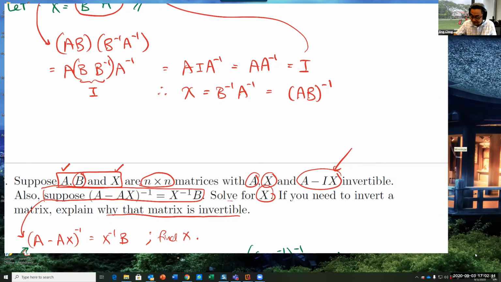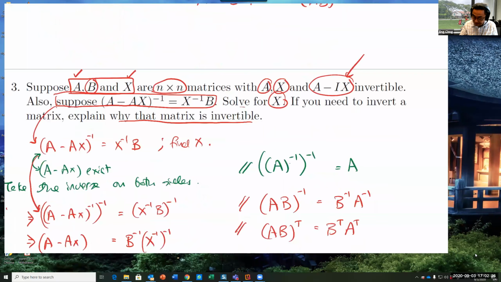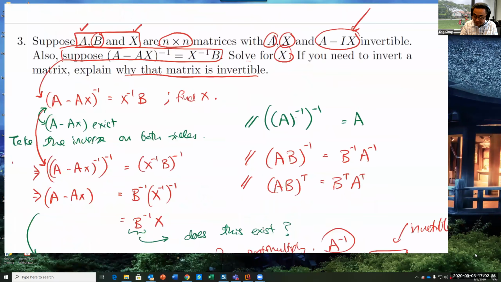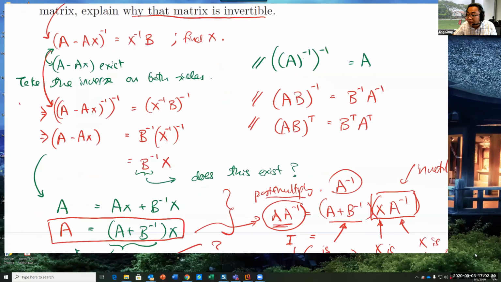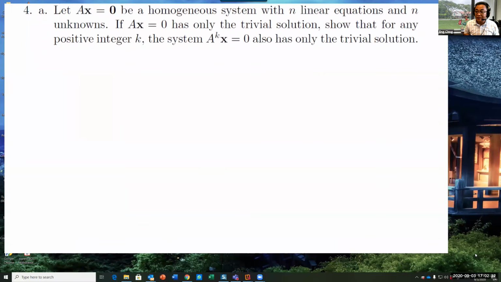So you guys have no problem doing this question, or am I doing it very lengthy as compared to you guys? I guess I'm just making sure that every step is there. All right. Okay, thanks for participating.